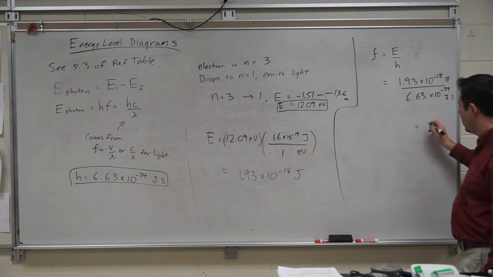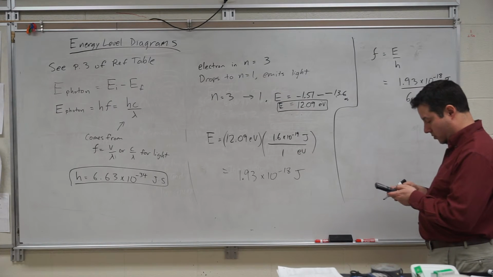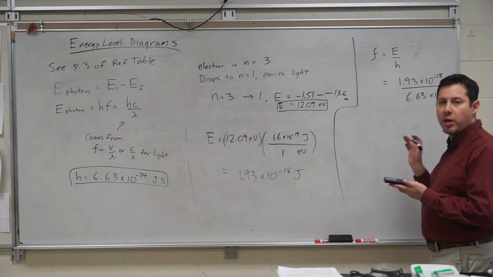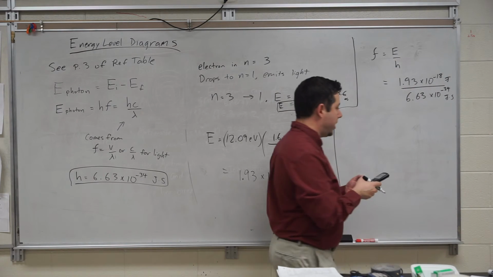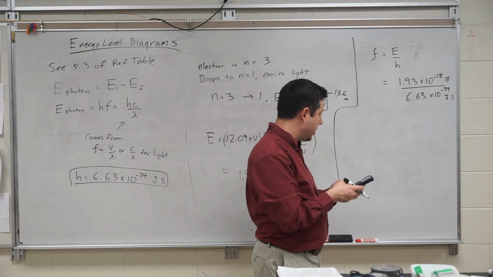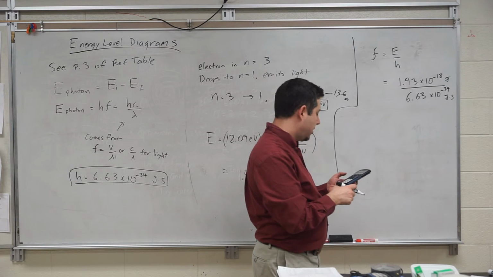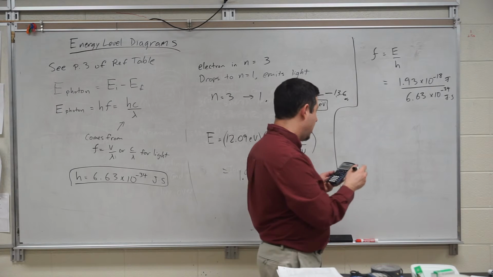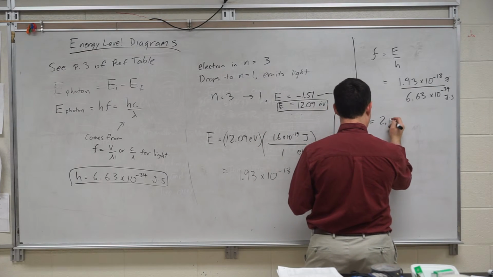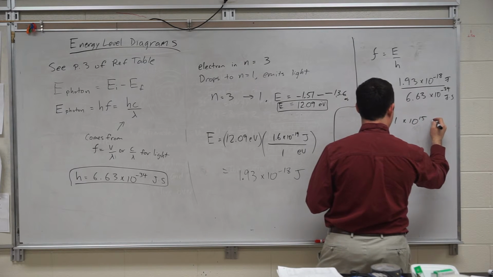That's a hertz. Be careful when you use parentheses in this, so you don't make a calculator mistake here. 1.93 times 10 to the negative 18 divided by 6.63 times 10 to the negative 34. I use the double E button because it makes it a lot easier to not have to worry about parentheses. So that gives me a frequency of 2.91 times 10 to the 15th hertz.